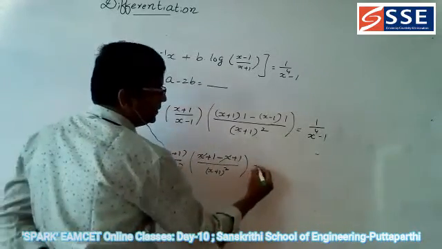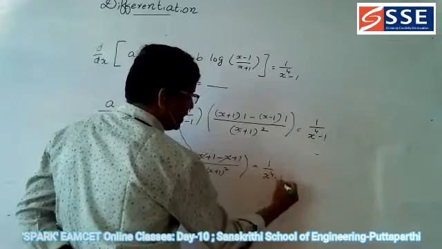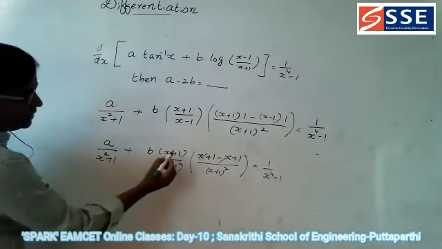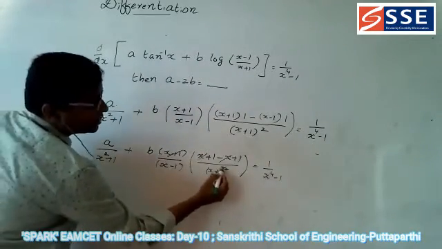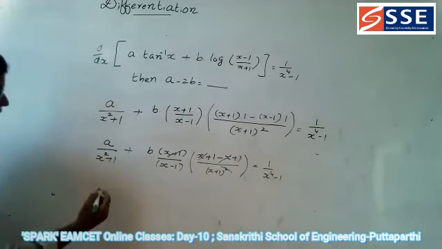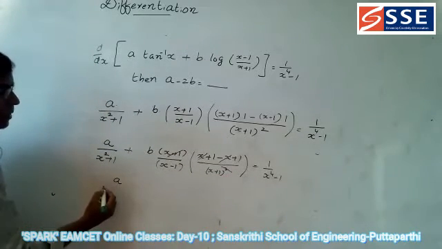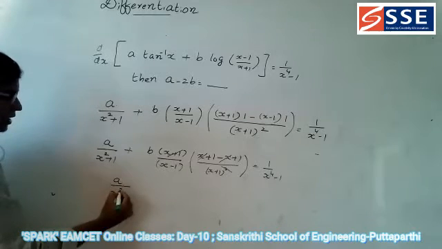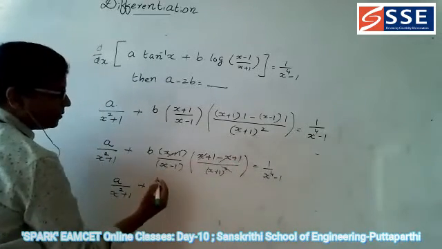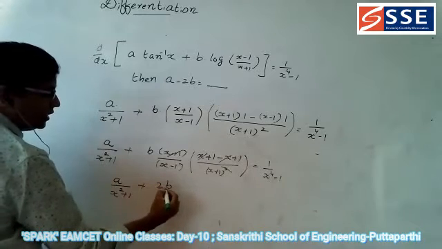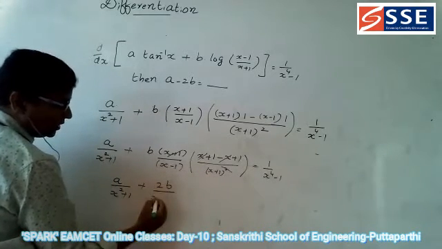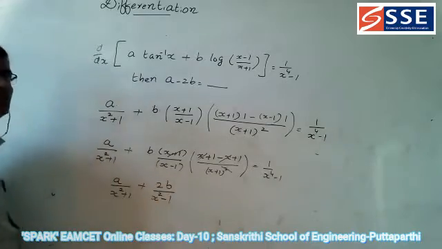Both get cancelled, equal to 1 by x power 4 minus 1. See here, x plus 1 here, and x plus 1 here can get cancelled. Okay. Now you see here, a by x square plus 1 plus, 1 plus 1 becomes 2, 2 into b, 2b divided by, a plus b into a minus b, a square minus b square.